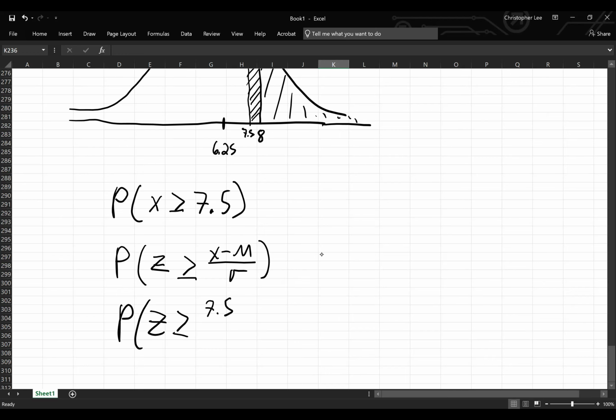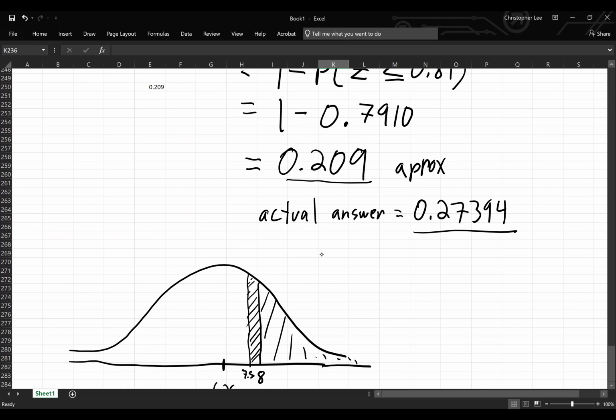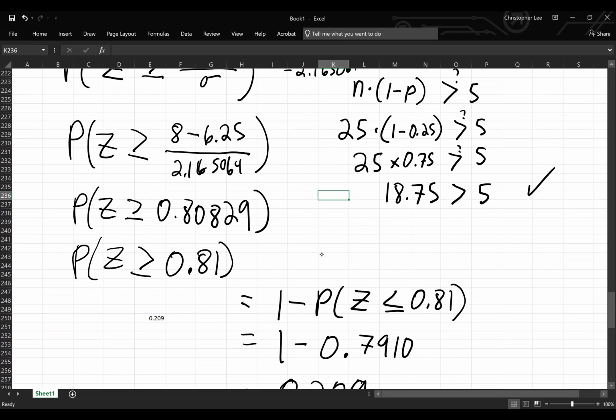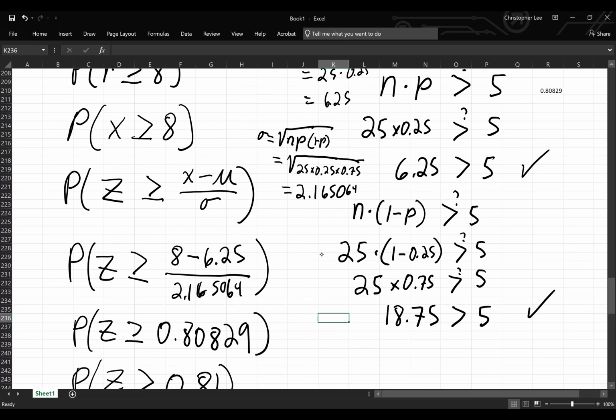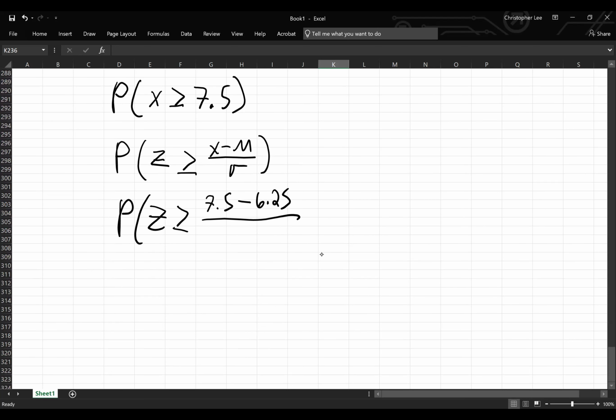What's my mean again? 6.25, over the standard deviation, which is 2.6165.